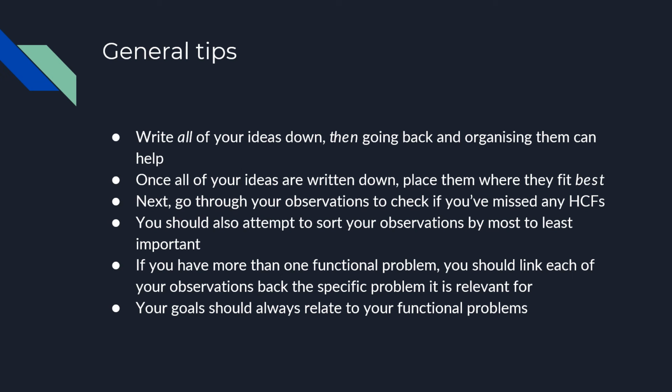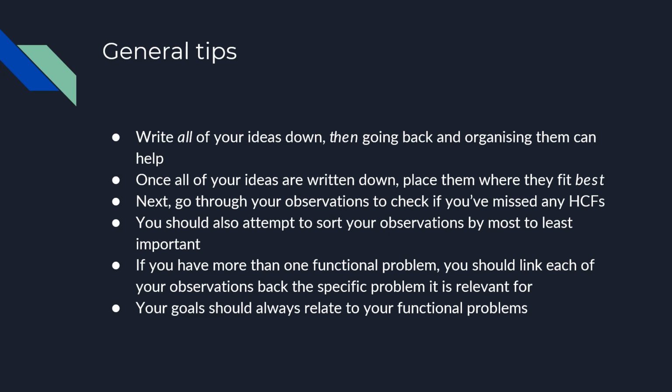And finally, when you're setting your goals, it should always relate back to your functional problems. So basically, if you've got a goal that doesn't include the same words that your functional problem has, it's probably not a very specific goal. Can't think of any examples off the top of my head, but definitely once you've got your functional problem, come up with your goal.